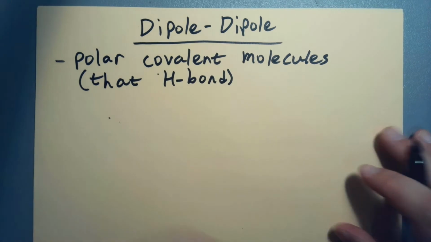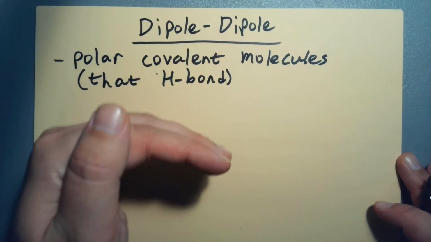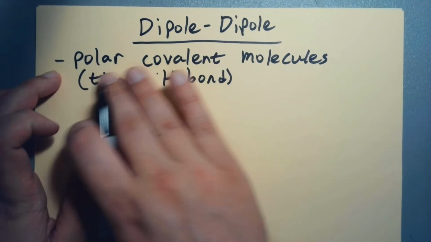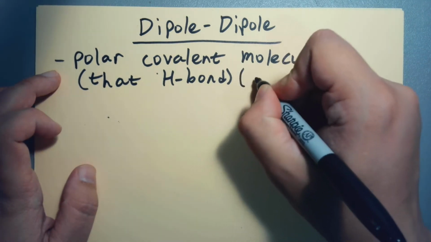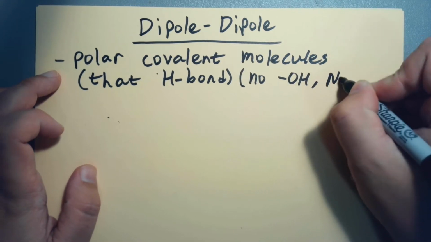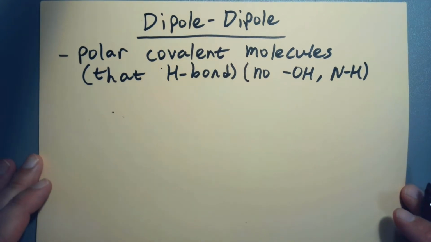So this takes the cake over hydrogen bonding. Or I'm sorry, hydrogen bonding takes the cake over this. If you're ranking them, that's going to wash out dipole-dipole. So it's got to be a polar covalent molecule, and if it doesn't hydrogen bond, that means no OH or NH in there. None of those.